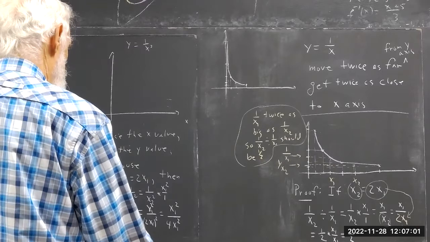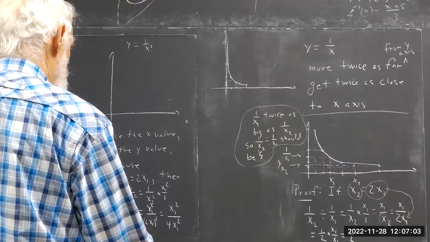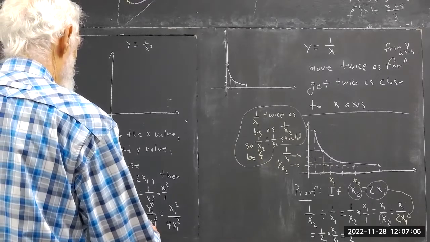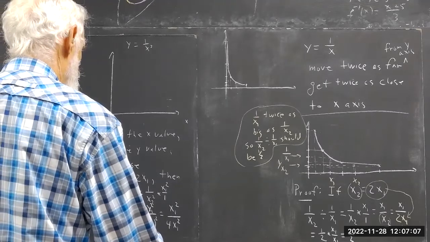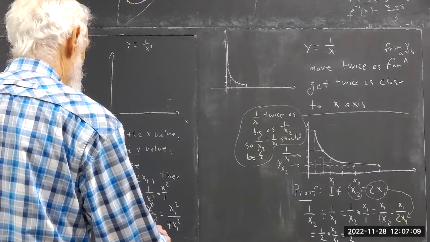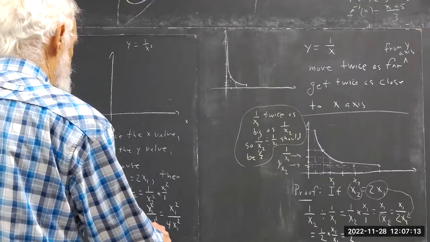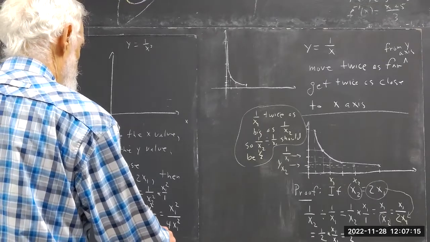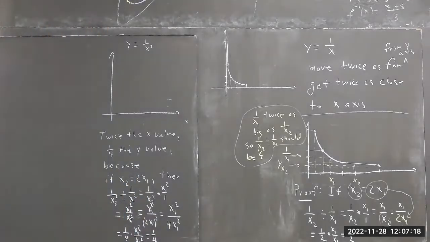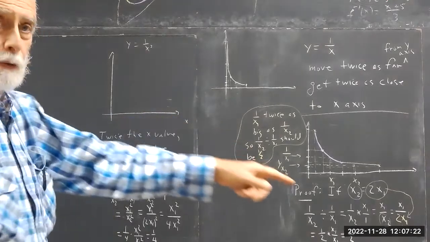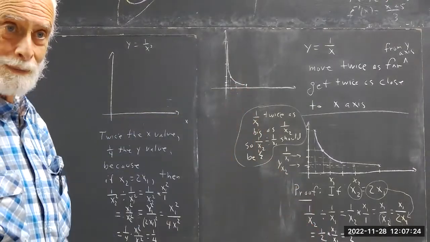And we could write that as 1/4 times X1 squared over X1 squared, which is just 1/4. So this shows that if I go twice as far, I go 4 times closer.